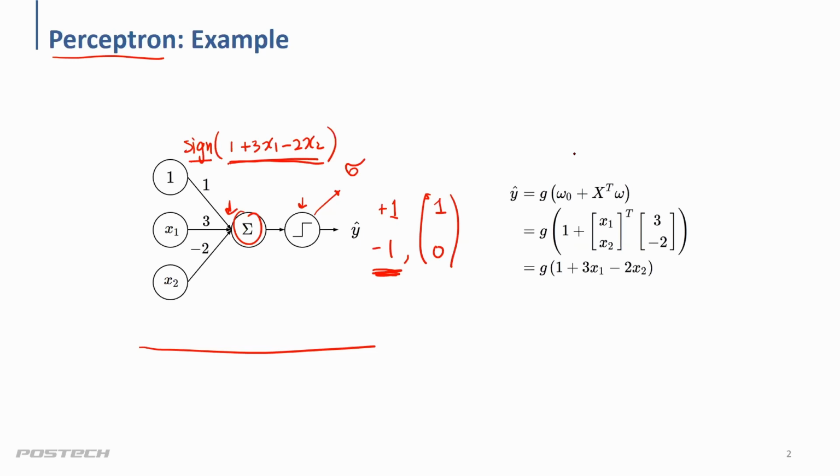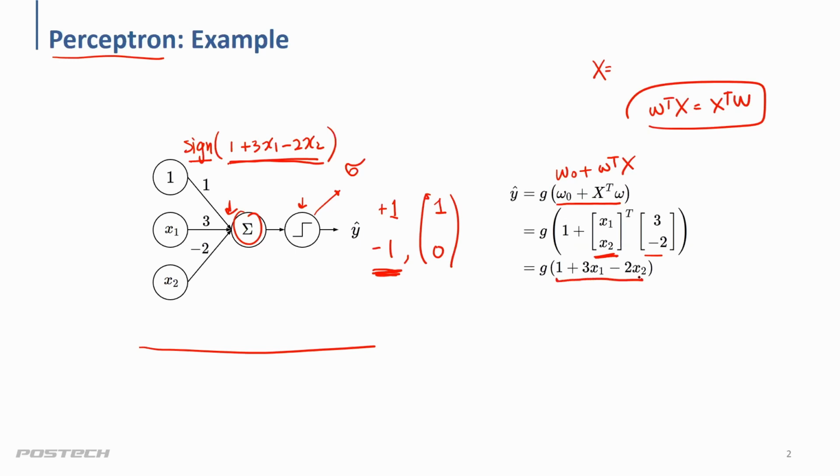In the mathematical expressions, we can write it this way, where X is a column vector, and this one is omega naught plus omega transpose X. Omega transpose X is equal to X transpose omega, so either way is fine.